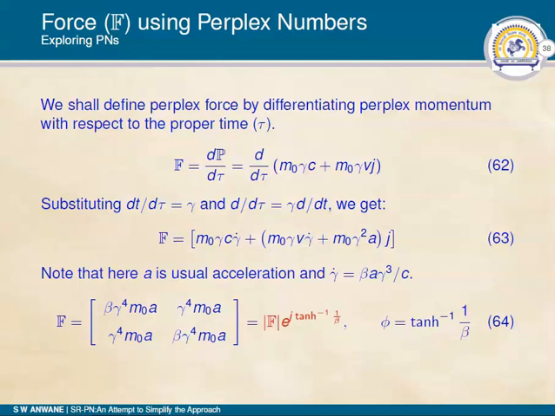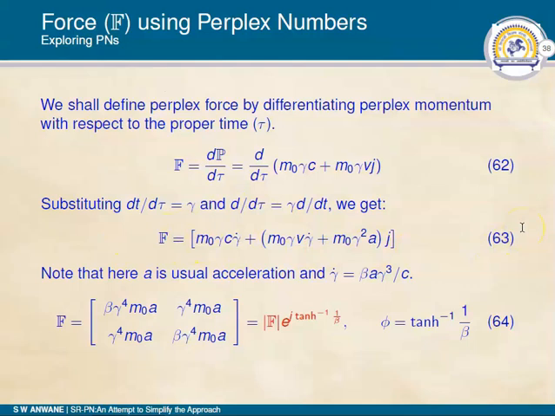and by definition, perplex force will be the proper time rate of change of perplex momentum, and equation 62 depicts that definition. And again we have to use the chain rule to convert our differentiation with respect to tau into with respect to t by the factor gamma, and the force can be rewritten as in equation number 63.